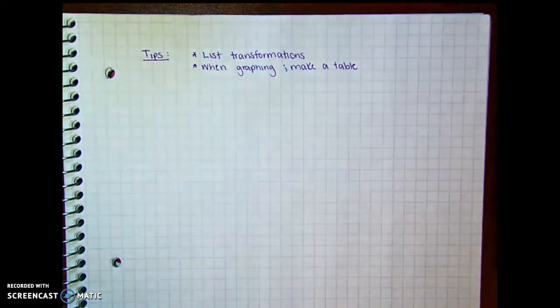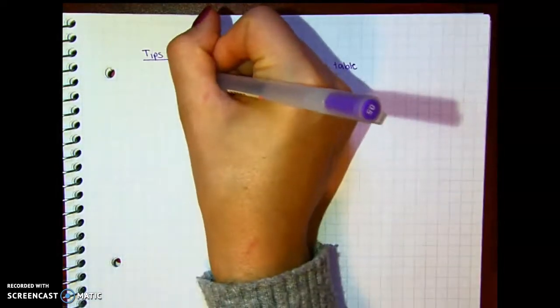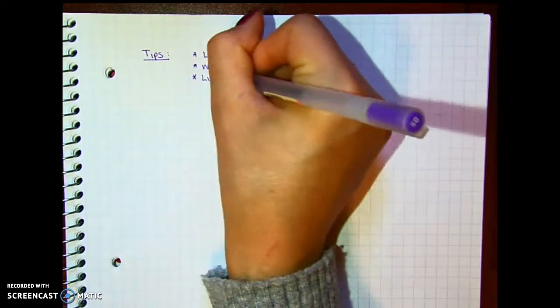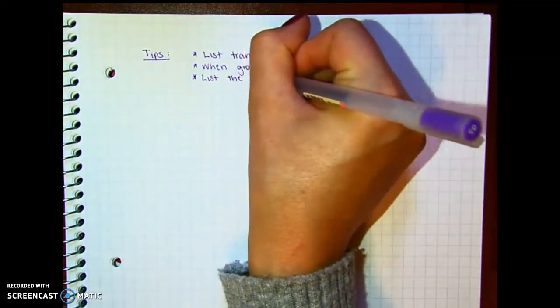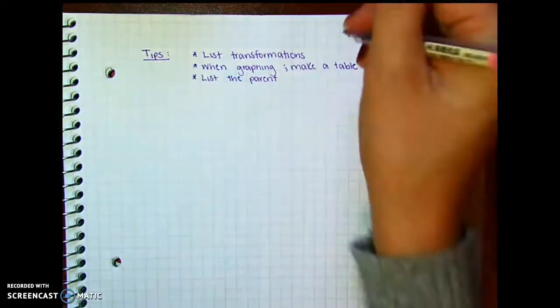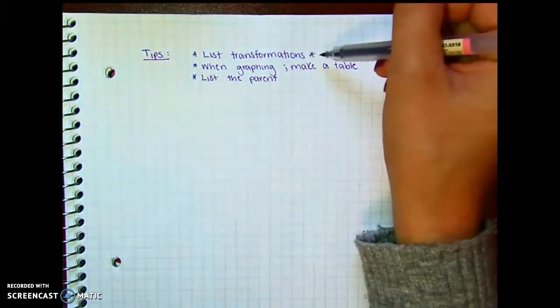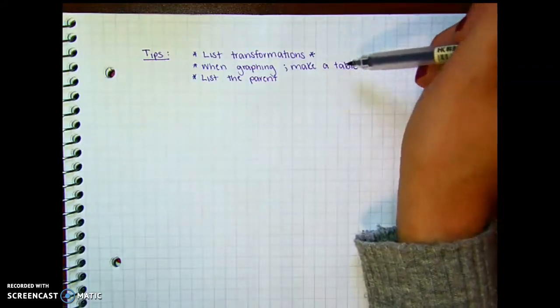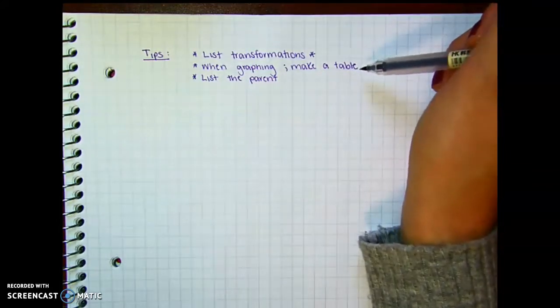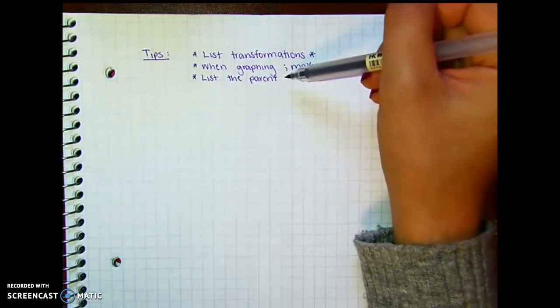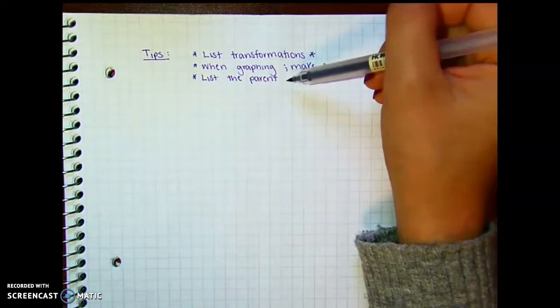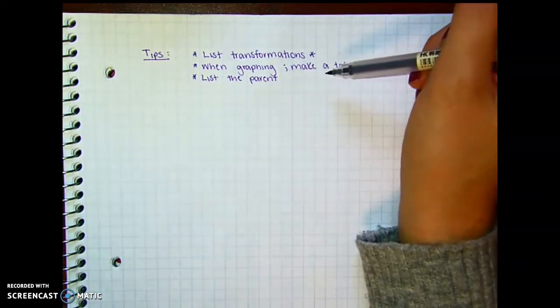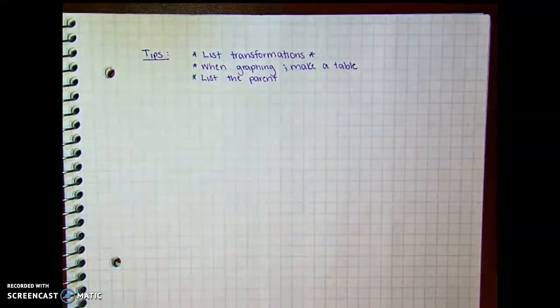And I can show you what I mean by that on Monday. I think that's really it. Maybe also listing the parent, because that's something students tend to forget as well. So the big one really, guys, is list those transformations. That's always a nice safety net that will get you some partial credit. When you're going to graph, make a table. I always do that just in case. It's just a nice safety net. And then list the parent, because sometimes you get everything right, but then the equation you wrote is actually not the appropriate function. And so that's always just frustrating. So that's it for today, and we'll be practicing this in class.